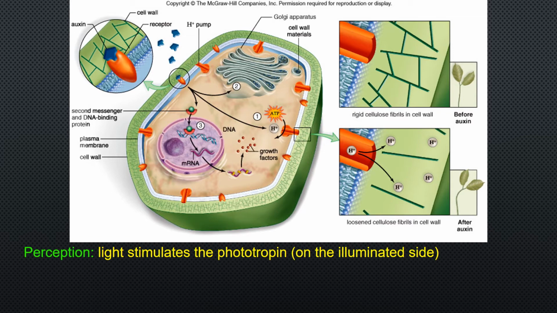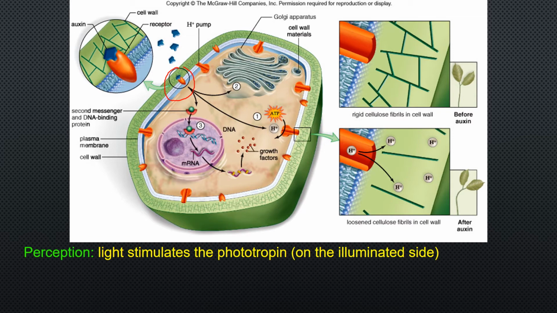So auxin becomes our ligand. And so when we look at this image here, we have an auxin receptor in our plasma membrane. So here we go, and auxin is going to bind that receptor, and it causes a series of events to occur.